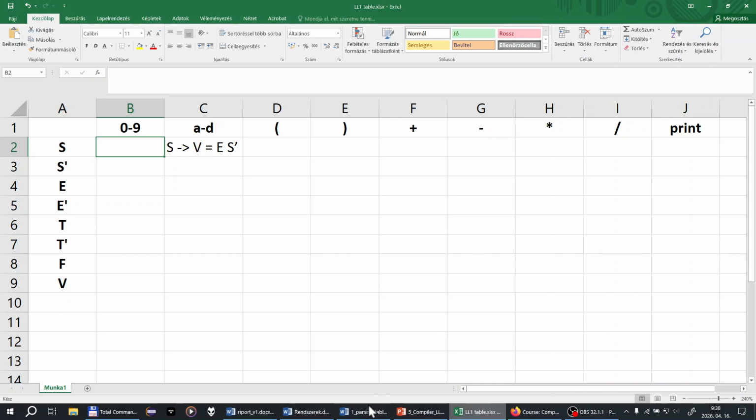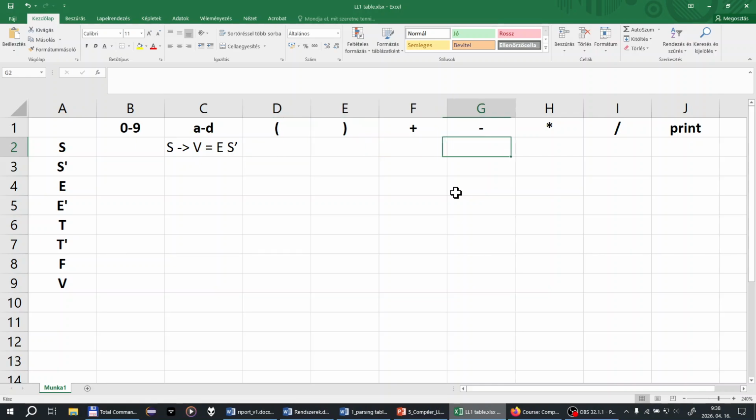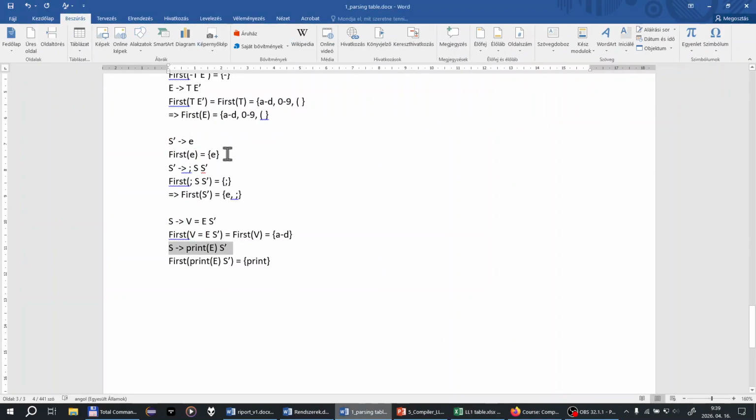Okay, and the other in the first set is the print. So for the print, we have this grammar rule. If we start with print, we have to apply the grammar rule print E S prime. Okay, let's see the S prime.